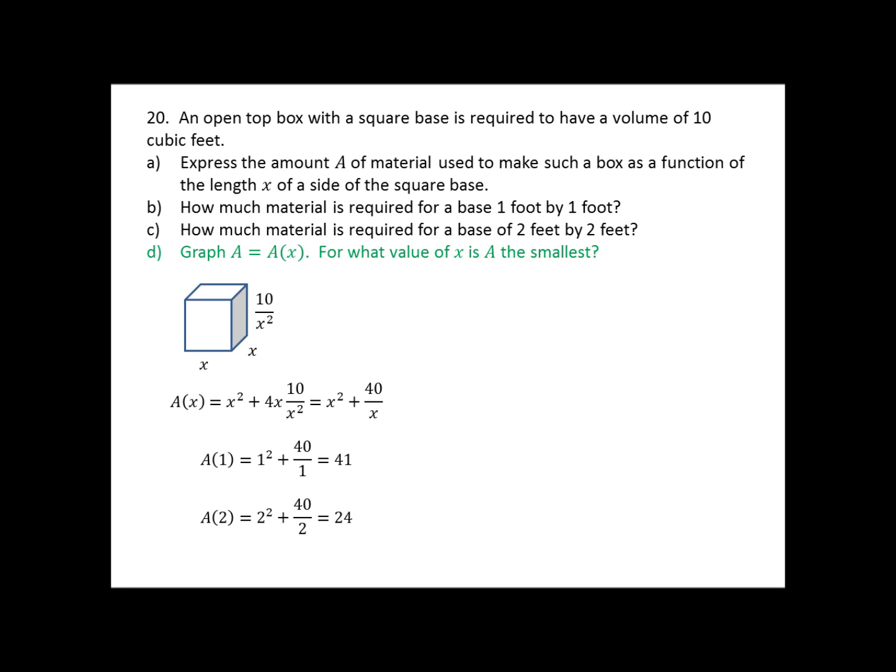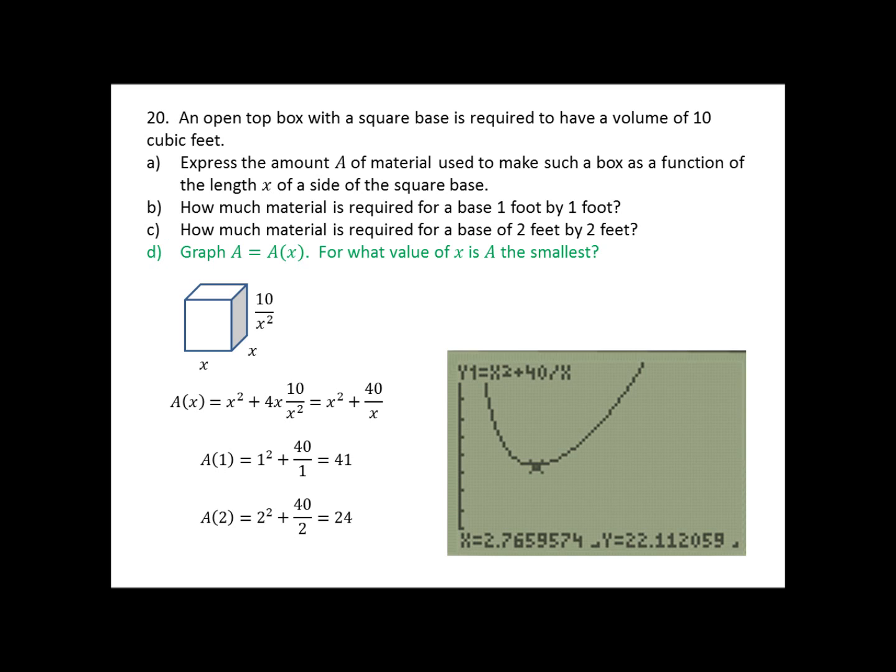But there's going to be a swing in this curve, and if we make our box too wide, we're going to be wasting material. So if we look at our graph and again use the trace feature, I find the lowest point on this curve is at x equals 2.76. So that's the value that will make the area the smallest.